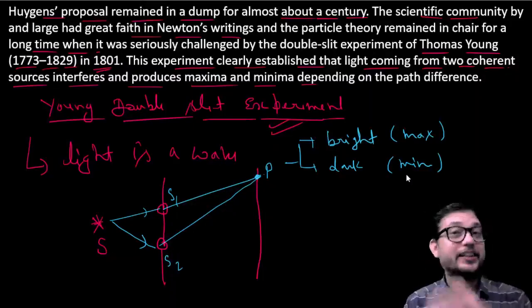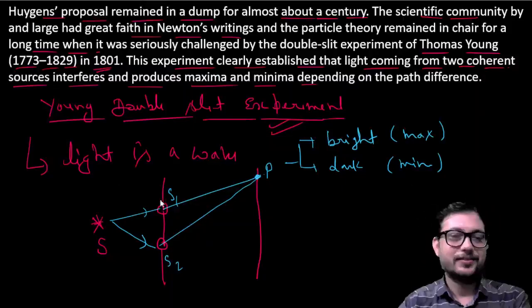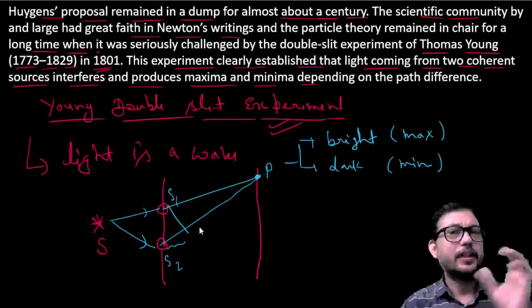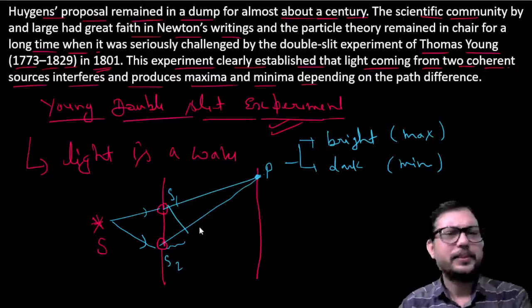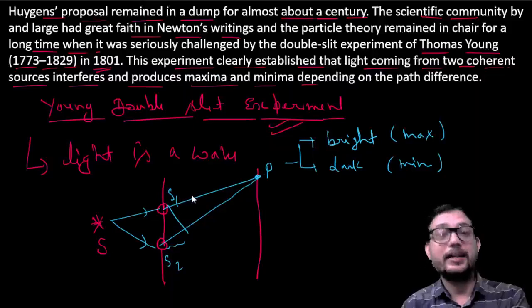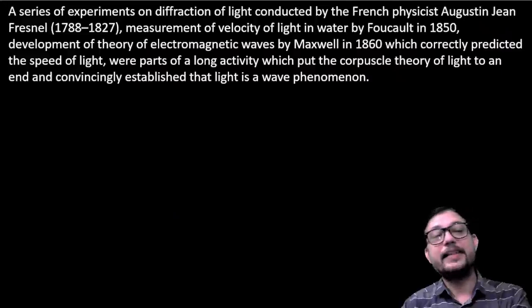That's why it shows the path difference as I have explained here. So this is your path difference. Young's double-slit experiment we will explain later on, but here it is necessary to understand what Young basically did in his experiment.